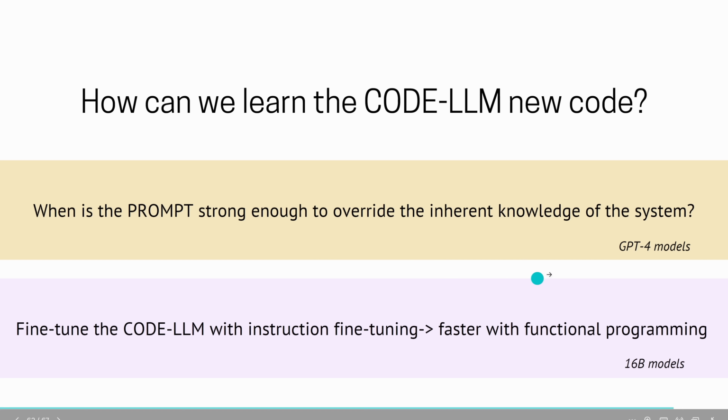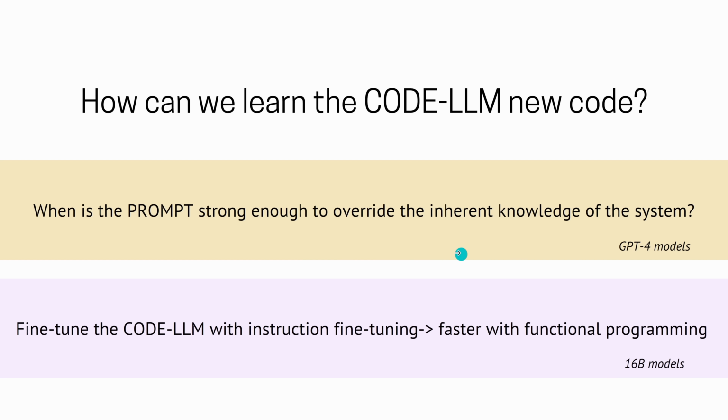And if you go here with the prompt-based or the OpenAI API-based approach with our monster GPT-4 models, you have to ask yourself, hey, when is the prompt that we input strong enough to override the inherent knowledge of the system? Because the GPT system has been pre-trained and fine-tuned on millions and billions of code sequences.